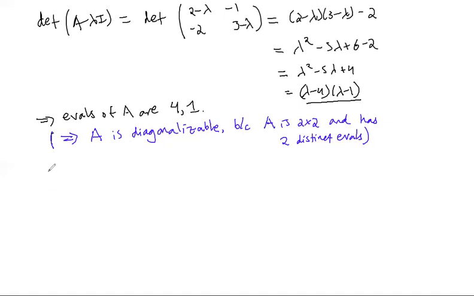So if we didn't know that, then our third step would be, let's find eigenvectors. To find eigenvectors, we do it separately for each eigenvalue again. Lambda's 4, and lambda's 1.